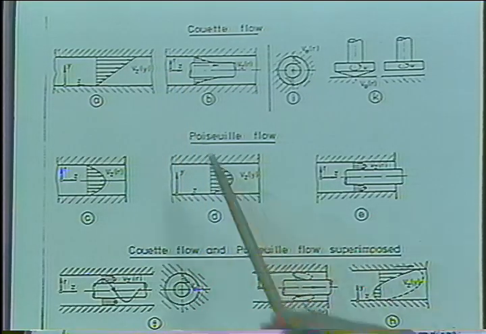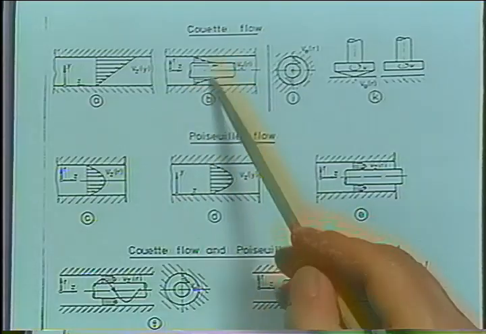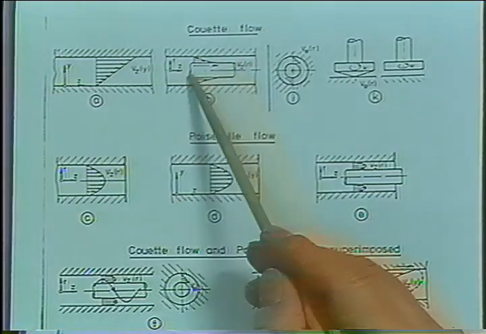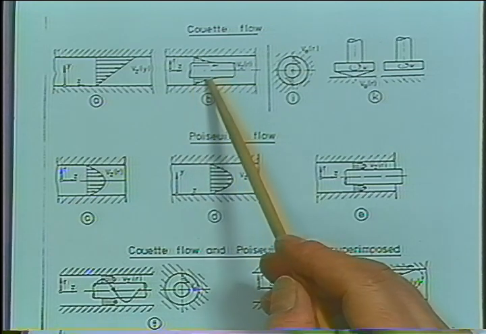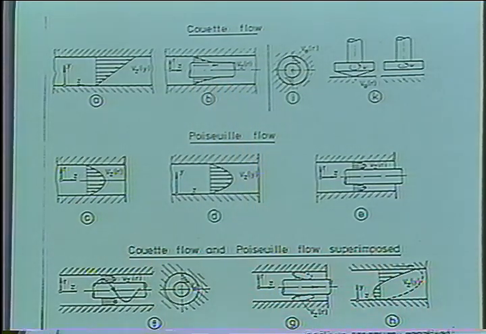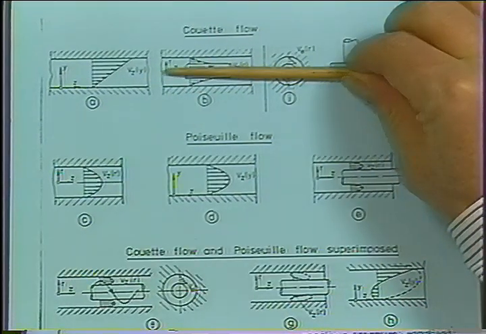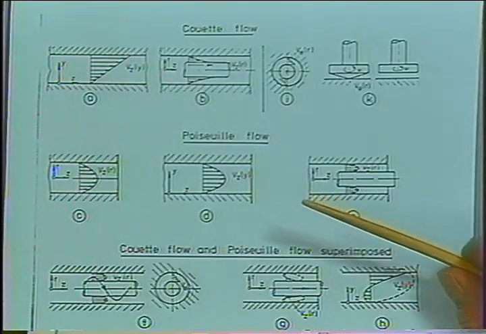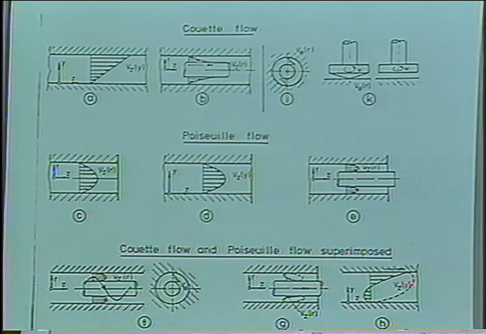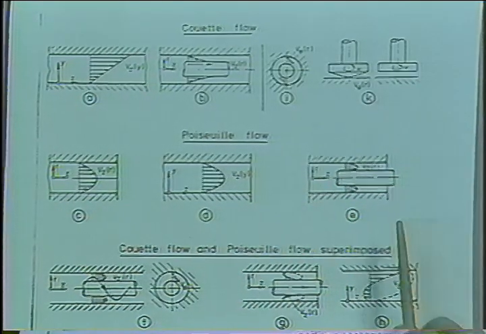Same flow could be generated in an annulus where the center is moving, it's just dragging the fluid along. A geometry like this is produced in wire coating, for instance. Imagine you want to put a plastic coat on a metal wire. And you would drag the metal wire through a housing which is fed from one side with polymeric material, and then it comes out coated, and you cool it and use it.